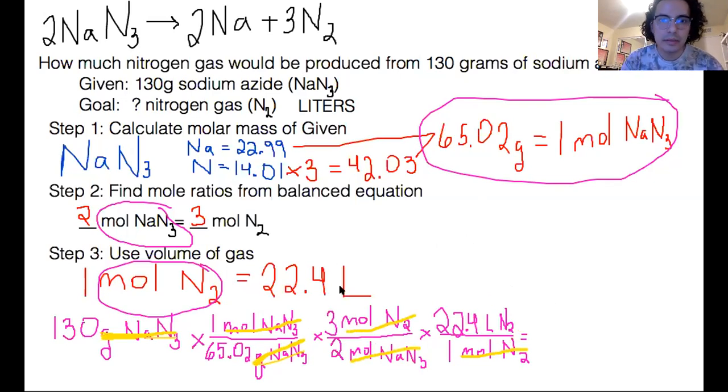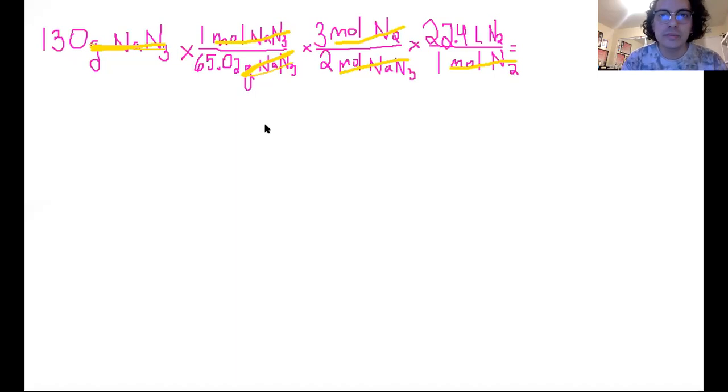So let me move this up so that we have more room. Give me 1 second. Okay, so I just moved stuff up so that we have more room underneath. So I'm going to rewrite this so it only includes the stuff that wasn't canceled. So it would be 130.